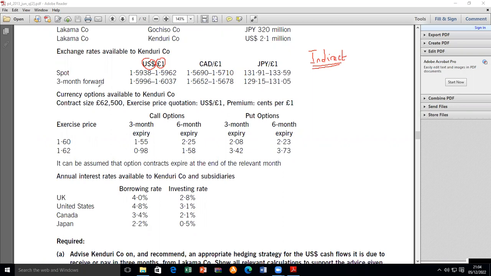So then, the lower rates on this side are used when the bank is doing what? Selling. And the rates on this side are used when the bank is doing what? Buying. So the simple question is, you need to identify what is the role of the bank.